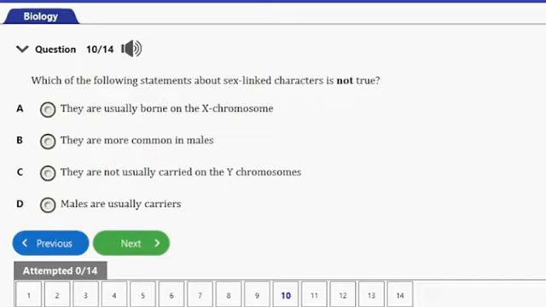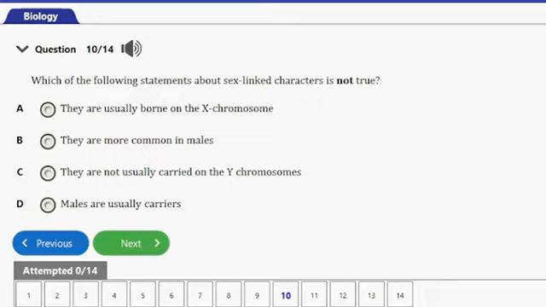Actually, the sex-linked characters or the sex-linked traits are determined by genes located in the X chromosome. So they are usually born on the X chromosome and are more common in males because they have only one X chromosome.